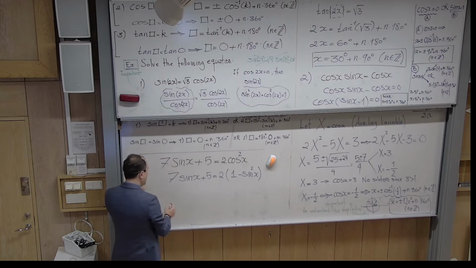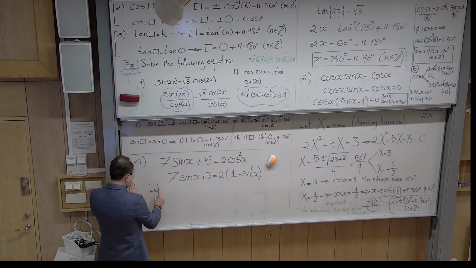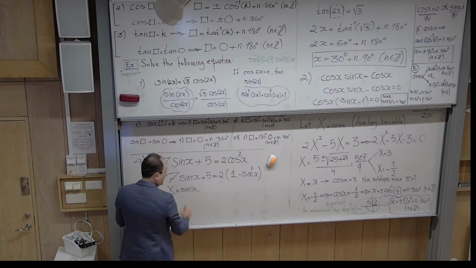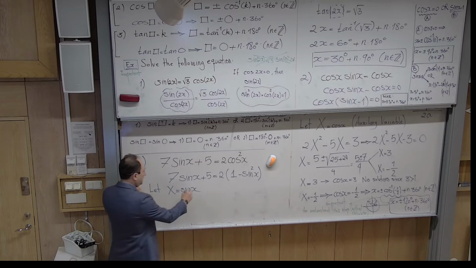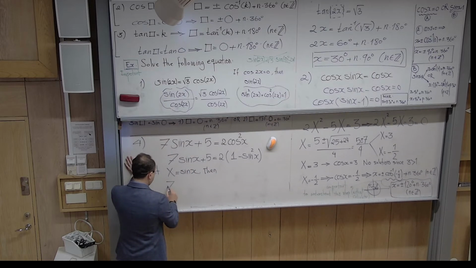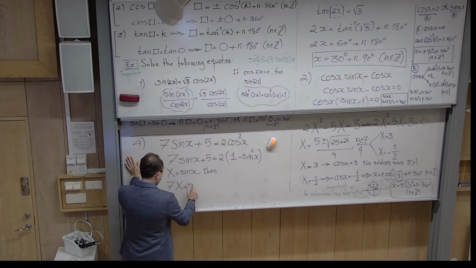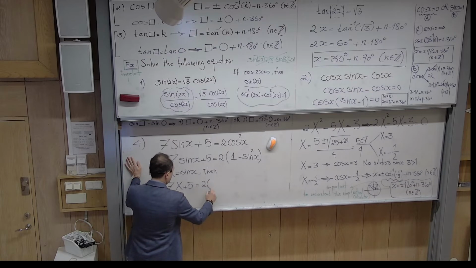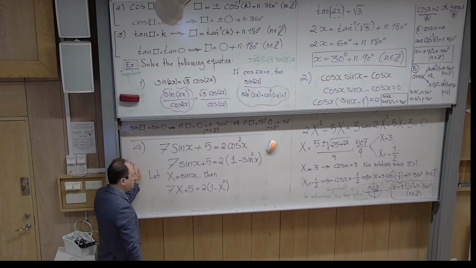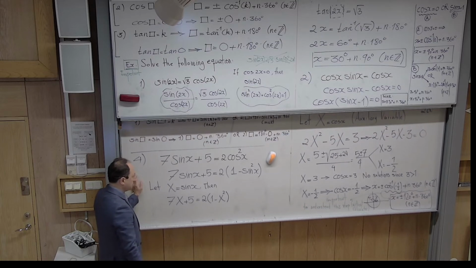They are the same thing. So I would say let capital X be equal to sine x. And then what happens here? It becomes 7X plus 5 is equal to 2 times (1 minus X squared). And then I have to solve this problem, yes?